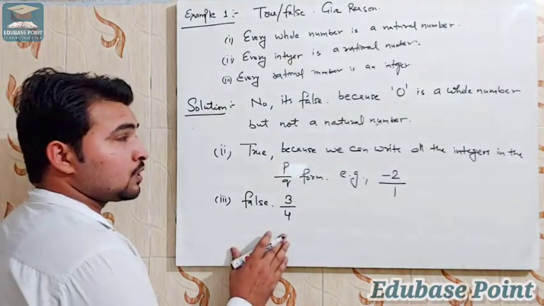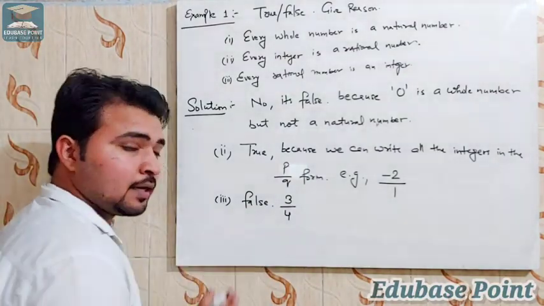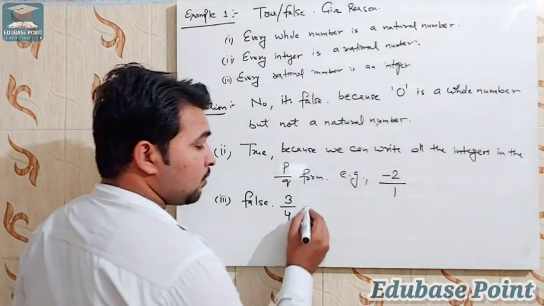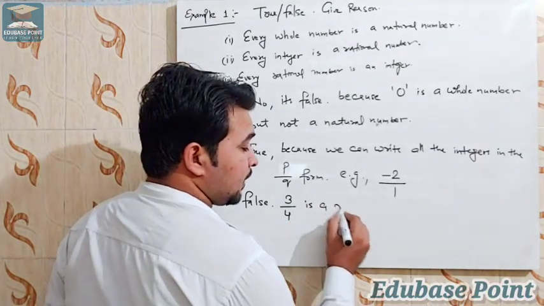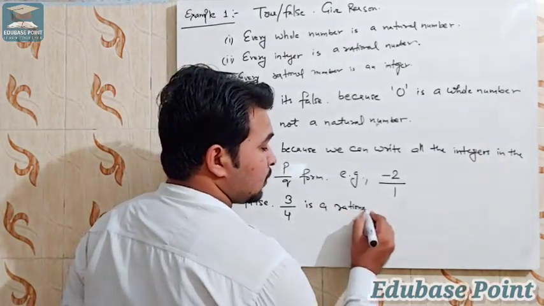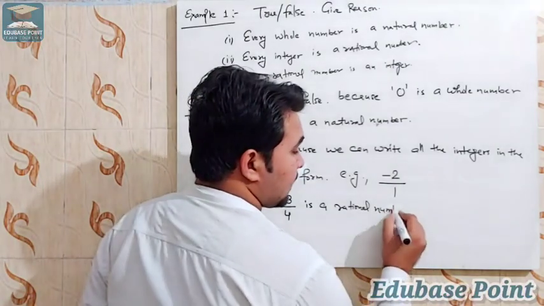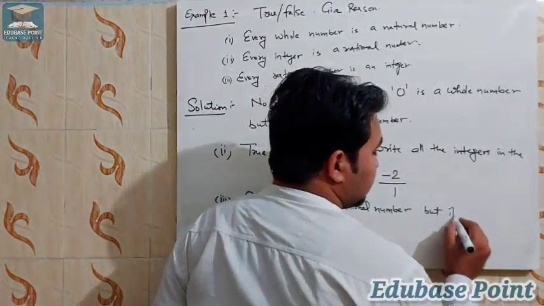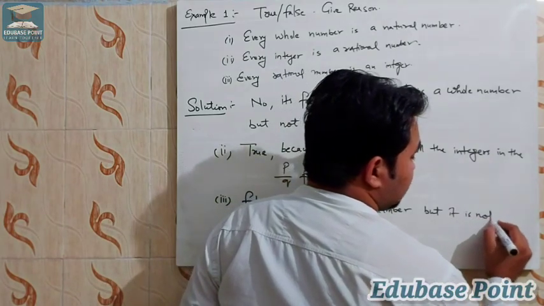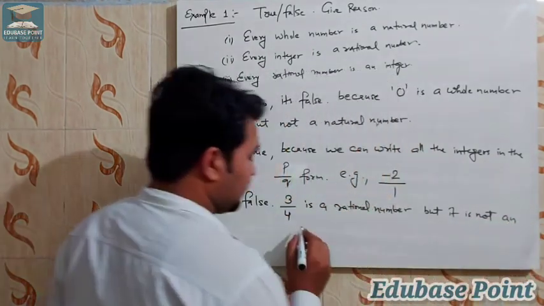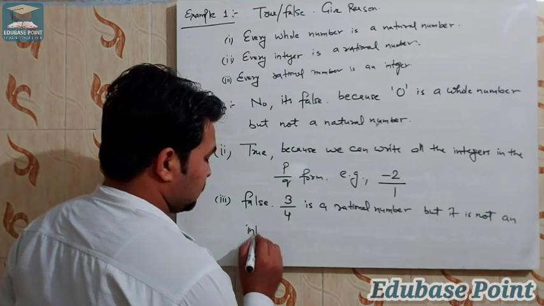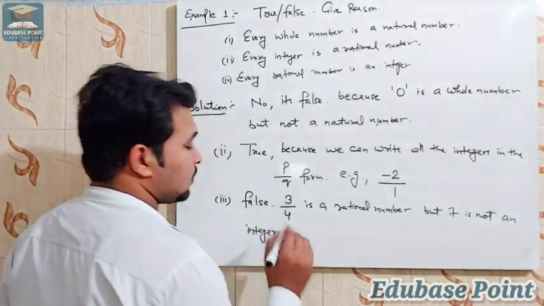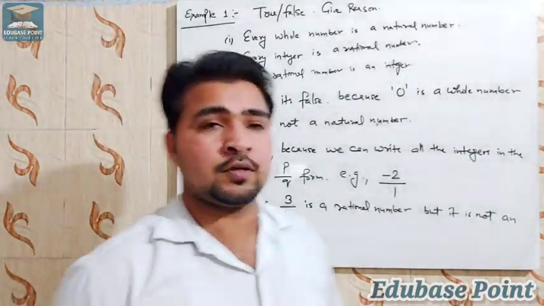I cannot say that it is an integer. So 3 by 4 is a rational number, but it is not an integer. Okay, this is your first example.